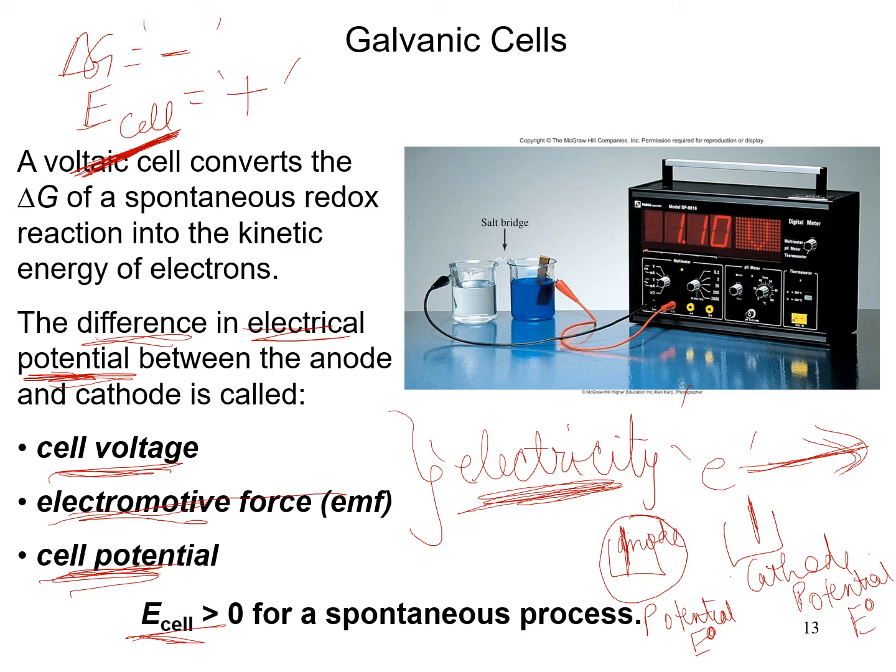When you connect these two together, that creates a potential difference, and that potential difference gives you E cell. That is the difference between E naught of the cathode and E naught of the anode. So each half cell has its own potential, and combined together it gives you E cell.